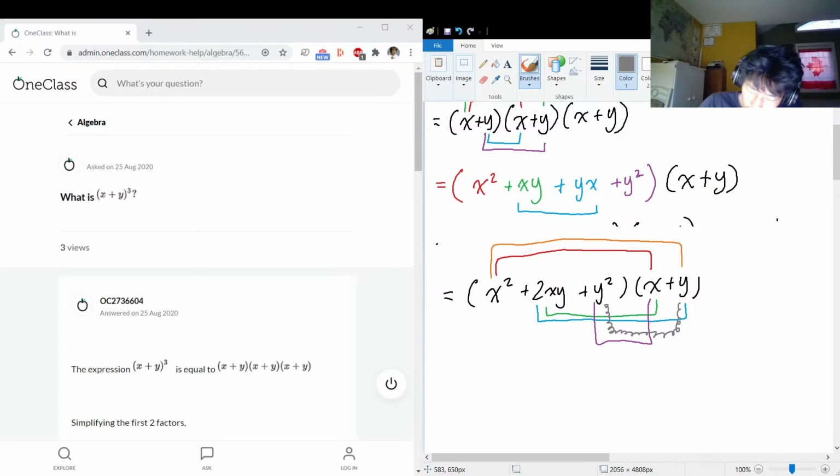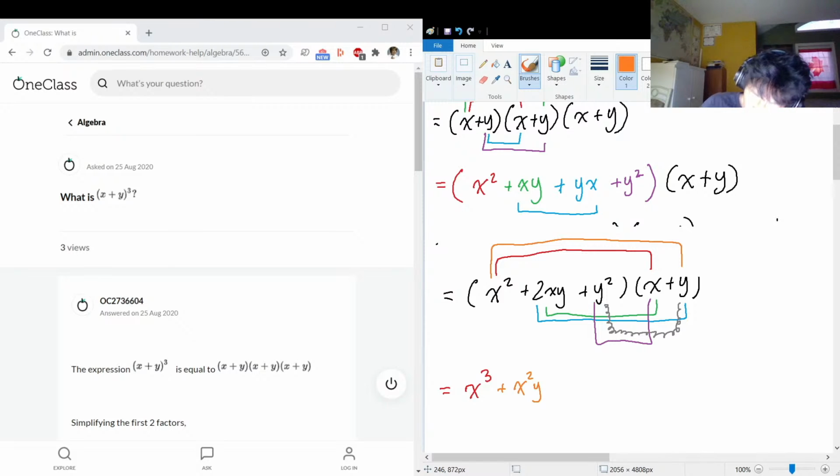Okay, so let's write out this equation. The red things multiplied together: that's x squared times x, so that's x cubed. Next thing was the orange: x squared times y. They're all positive, so x squared y, fairly straightforward.